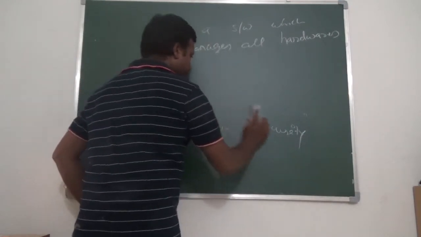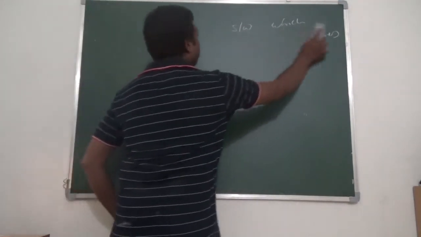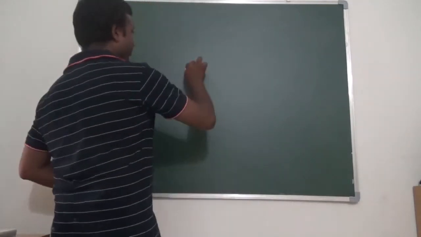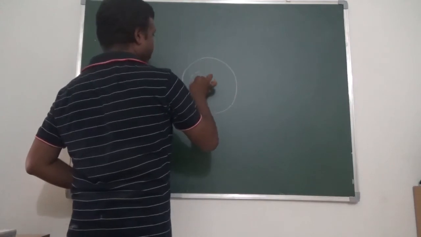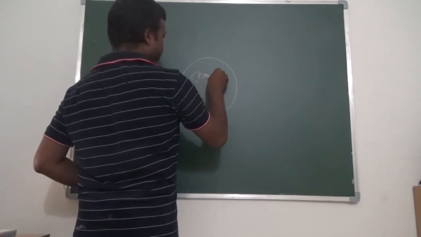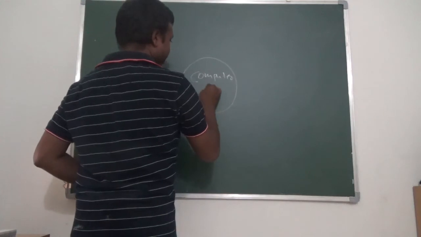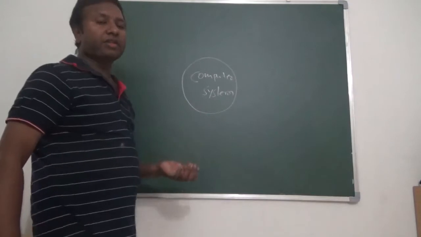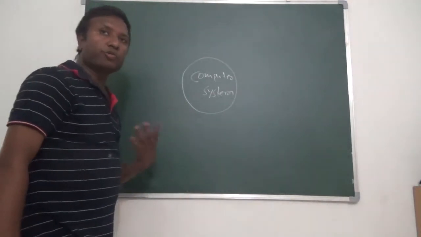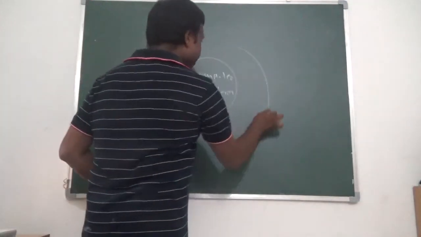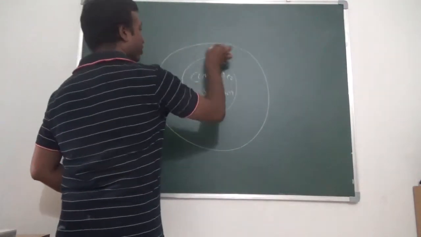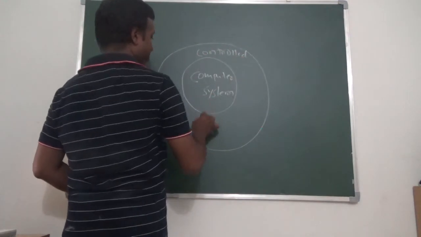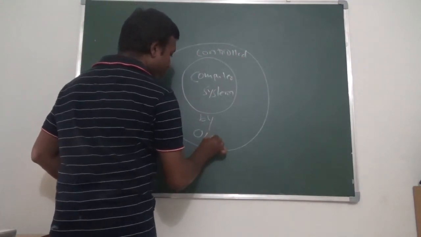Now, so the role of operating system is very clear. When we have a computer system, then we have all the hardwares, we have CPU, we have RAM, we have input output devices, but all those devices are controlled by OS.